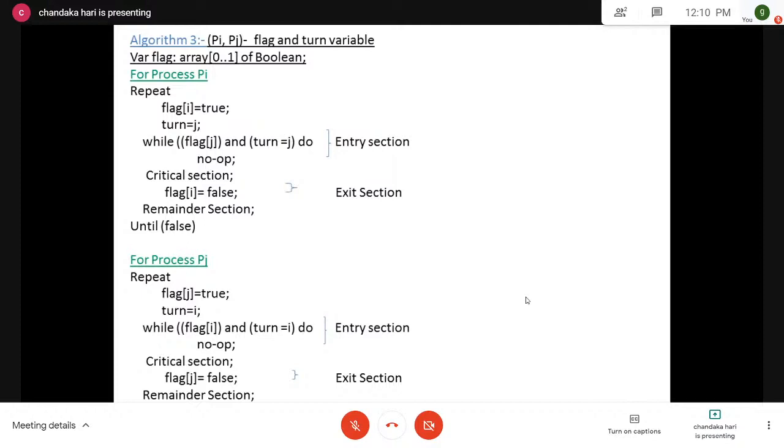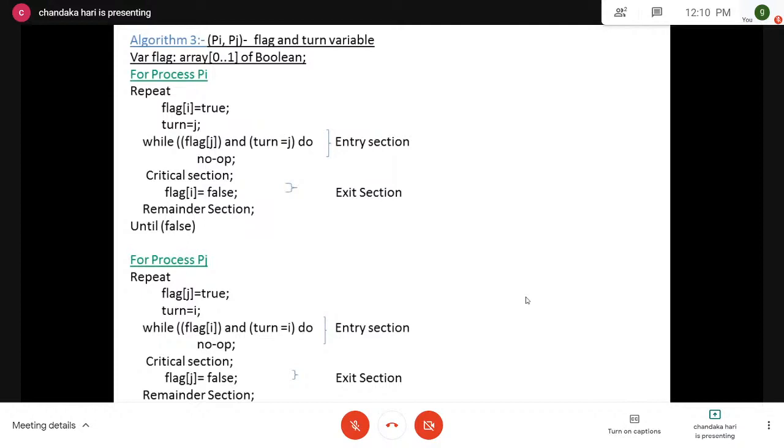Because I am giving first priority to the processes that have already set the flag true. Even if switching happens, even if the time slice is complete and control comes to me, I am giving first priority to process PJ. That clearly states that I am giving first priority to the processes that are trying to enter into the critical section.